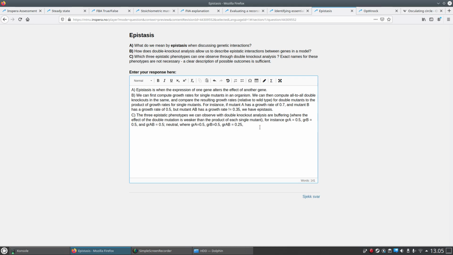And lastly, we have aggravating, where any individual mutation is reasonably limited in effect, but the combined mutation has a much greater one.